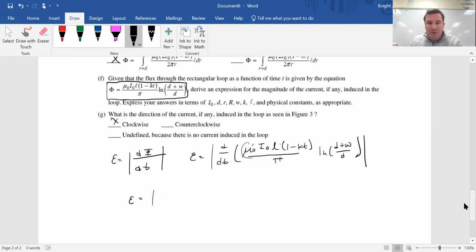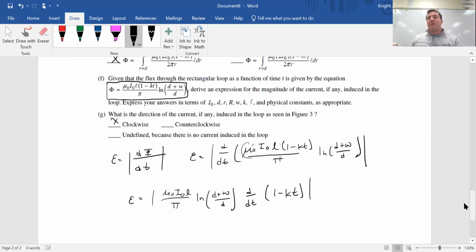We can pull the mu naught I naught L over pi times natural log of d plus W over d out in front, and then just worry about the time derivative of 1 minus k times t.